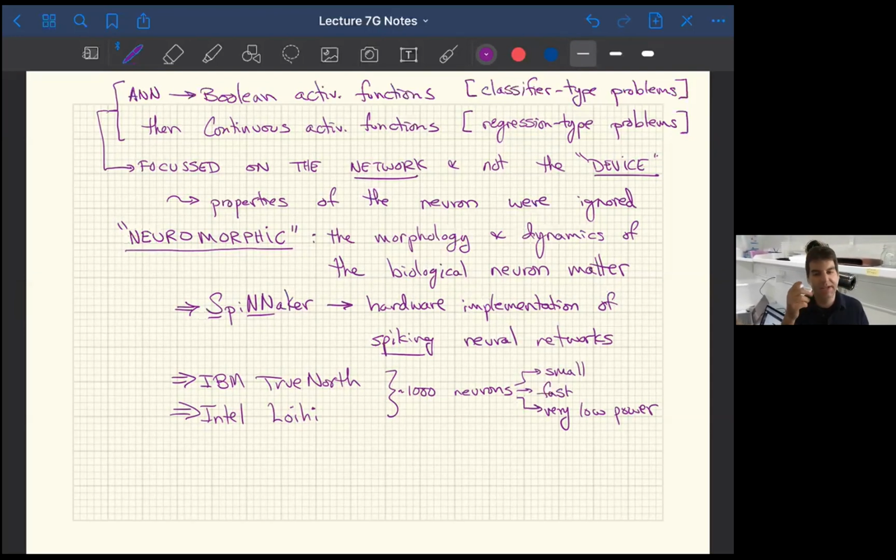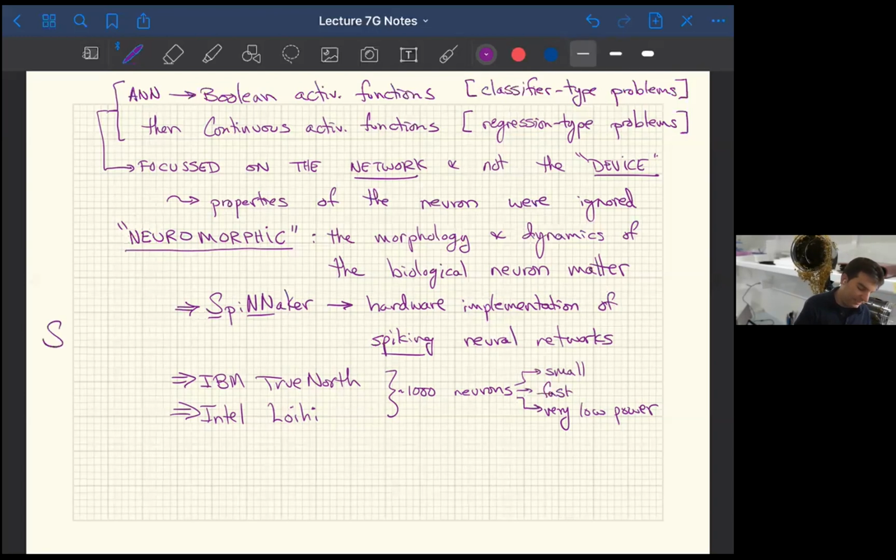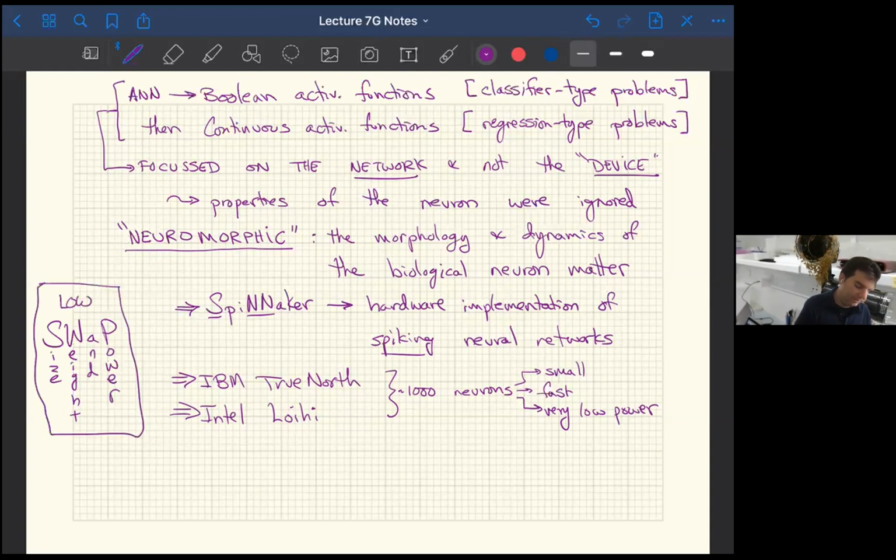People worry about size, weight, and power. So for low size, weight, and power applications, people are interested in how spiking neural networks can provide all of the benefits, or many of the benefits, of artificial neural networks, but in a much, much smaller form factor that uses a lot less power.